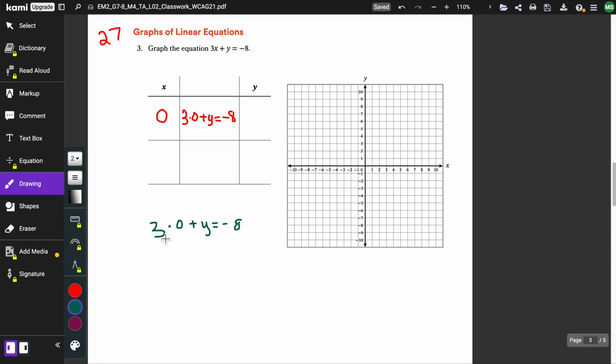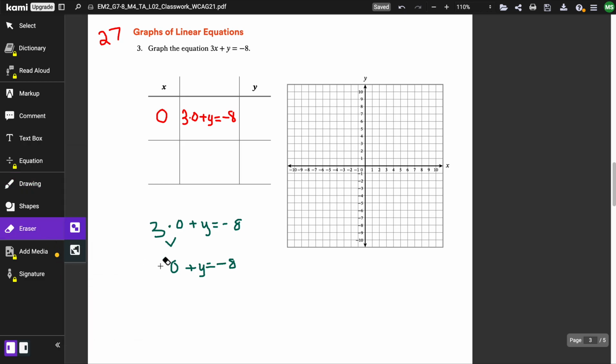I'm just showing you how this is done. So first, I'm going to combine like terms. 3 times 0 is 0. 0 plus y equals negative 8. Well, obviously, I don't really have to do anything to the 0 to get rid of it. I can just erase it, pretend it's not there. y equals negative 8.